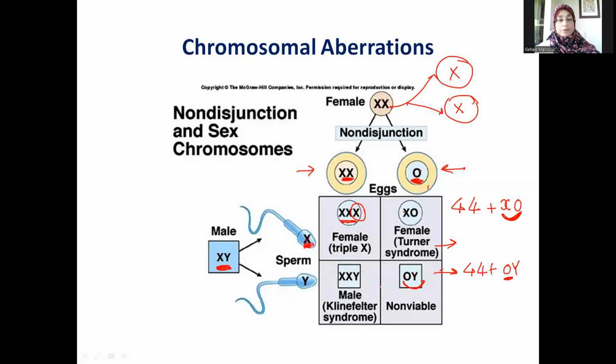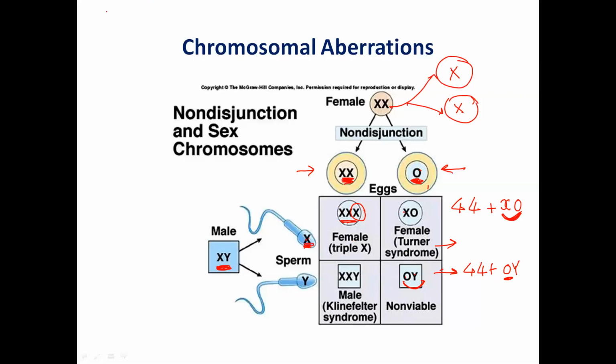So if an organism does not have an X chromosome at all, then this organism would not be viable and would die.